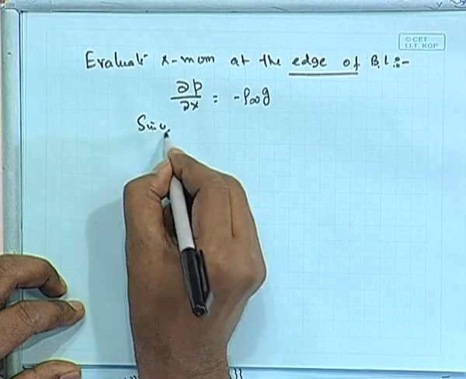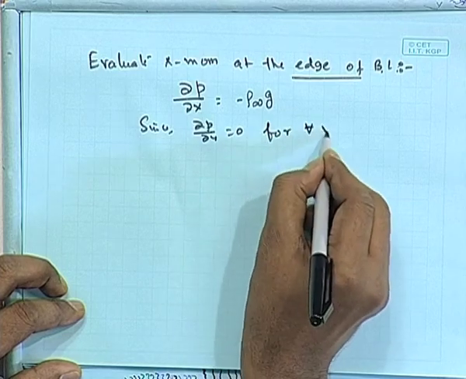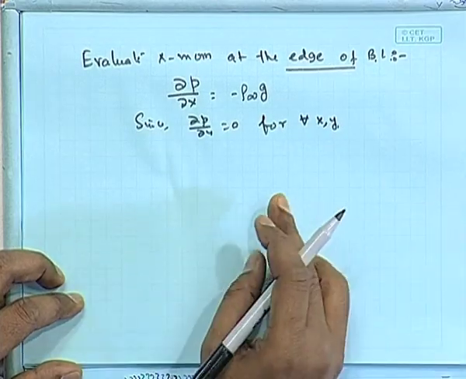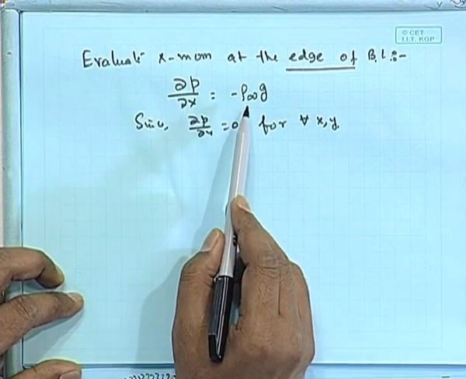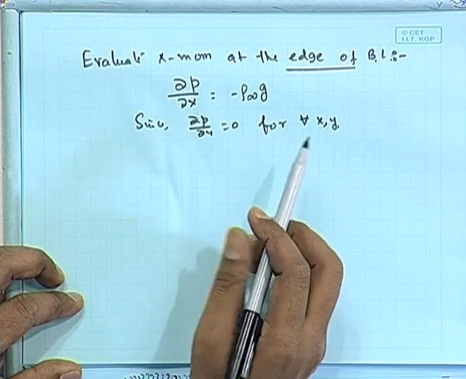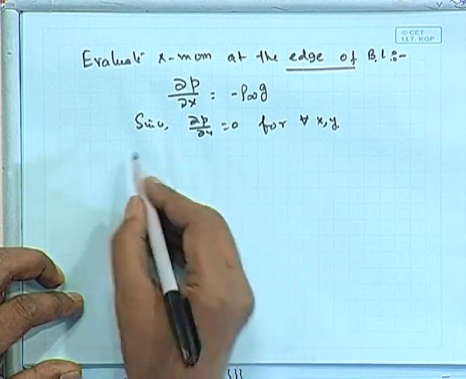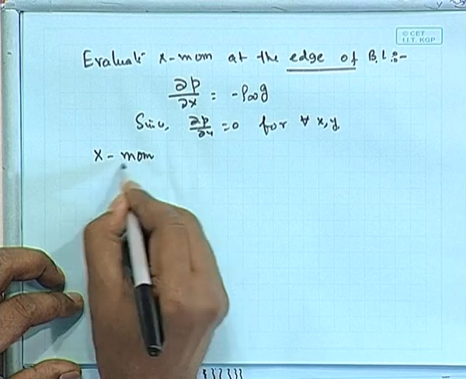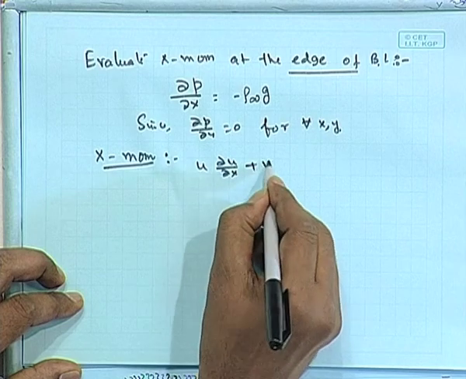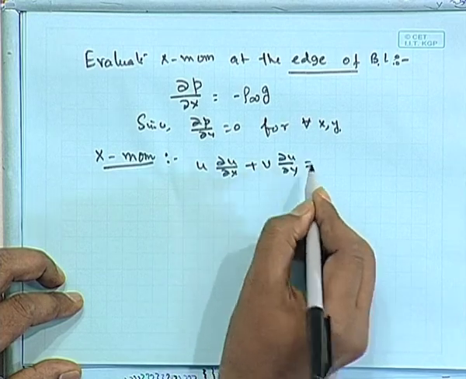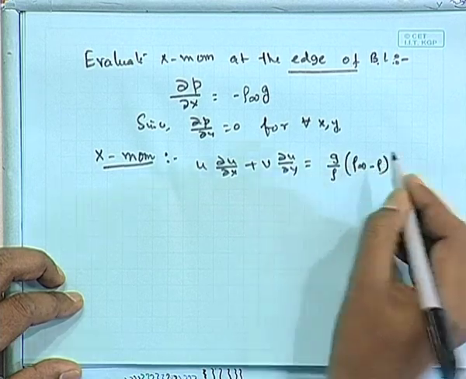Now, since your del P del Y is equal to 0 for all x and y that you have obtained from the y component equation of motion, and del P del x equal to minus rho infinity g for all x and y, you can safely replace del P, and you can write down your x momentum equation. The x momentum equation takes this form: u del U del x plus v del U del y is equal to g by rho, rho infinity minus rho, plus the viscous term.